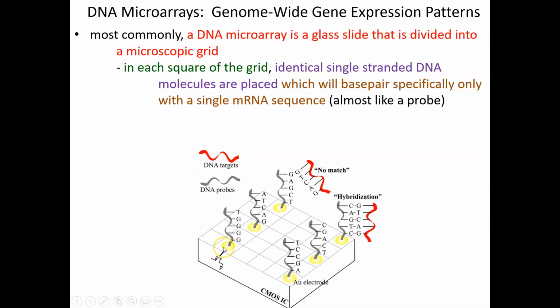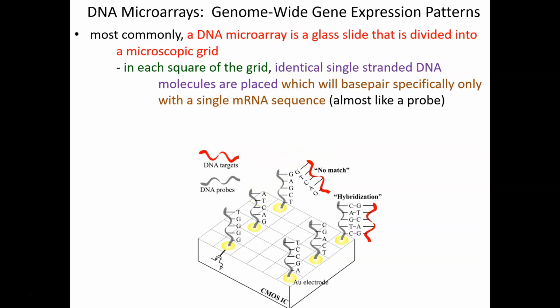This grid square here contains many, many, many, hundreds if not thousands of single-stranded DNA molecules, again adhered to the glass, and each one of those contains the sequence TGGGG. 2 grid squares over, we see another grid square, another region of this microscope slide, that contains thousands of single-stranded DNA molecules with the sequence ATCAG.